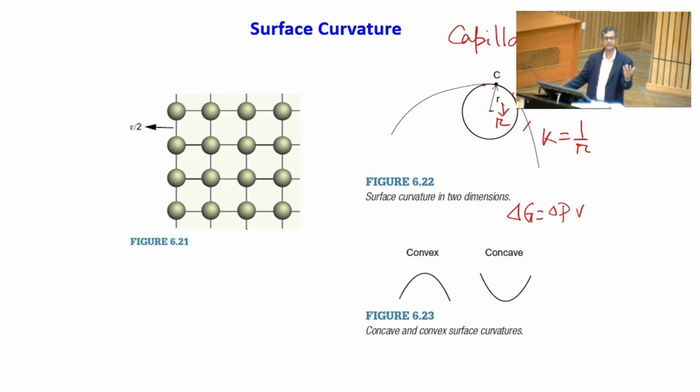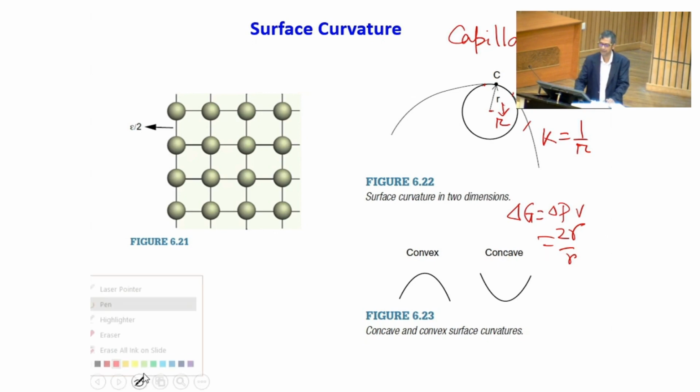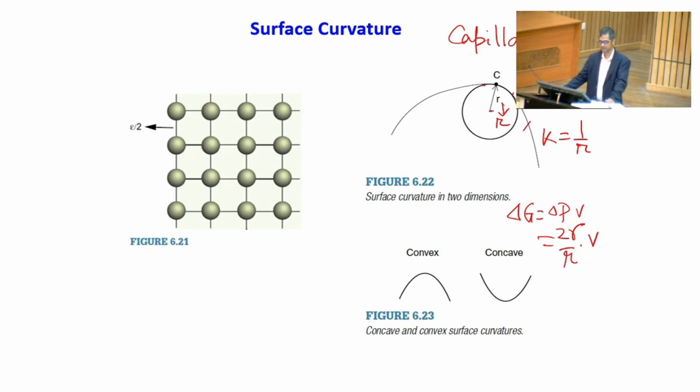You have done this experiment: P2 minus P1 is given by twice gamma by r, and here again I should write r like that, otherwise it is confusing for many of you. That is it. This is what you should know: delta P is twice gamma by r, gamma is the surface energy, right, and that is what delta G is.